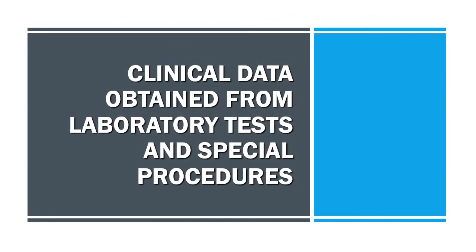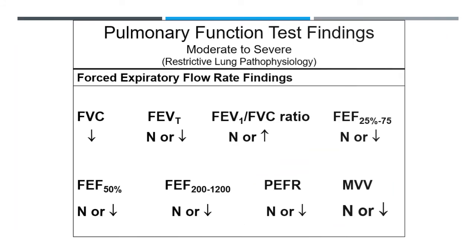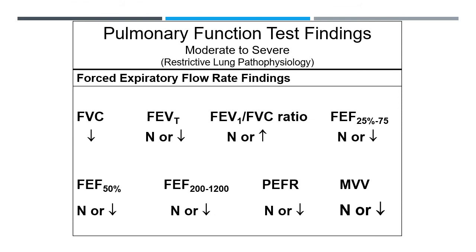Laboratory tests and special procedures. For the most part, people with pneumonia are not able to do a pulmonary function test. They're too sick. However, you should know that a moderate to severe pneumonia mimics a restrictive lung pathology. Flow rate findings are a restrictive pattern.